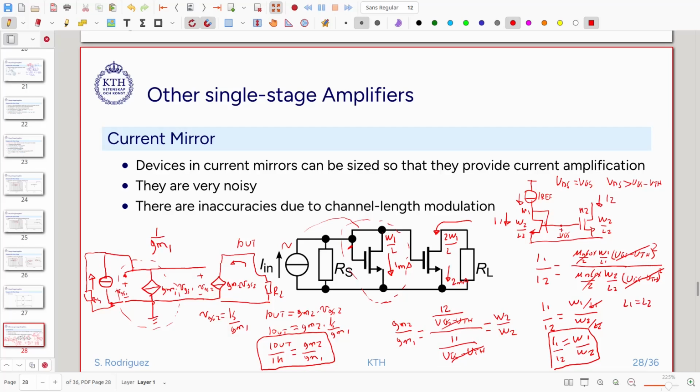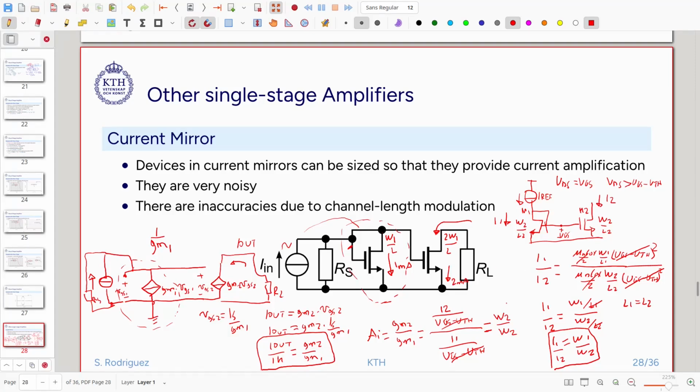So the same as for the biasing currents, the transconductances have the same ratio. So this will allow me to do some current amplification. I can do signal amplification in the current domain, which is useful in many applications.